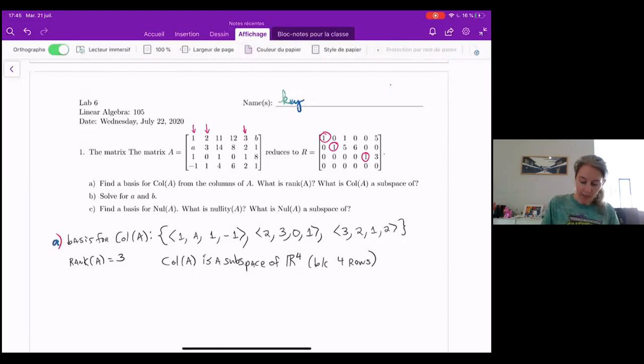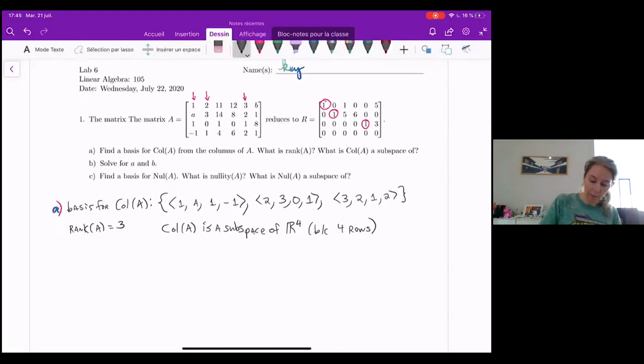Now, B is asking me to solve for a and b. So in order to do this, we are going to write the non-basic columns, the columns that aren't basis vectors, in terms of the basic columns. So I have 3 columns here. I have column 3, column 4, and column 6. And I can write all of those as linear combinations of the other columns.